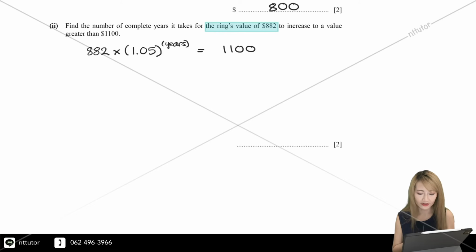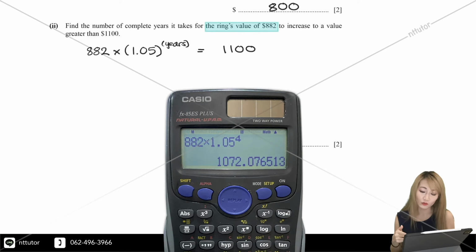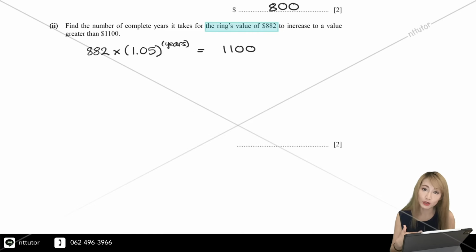So that's 882 multiplied by 1.05 to the power of 4. And when it's to the power of 4, it equals 1,072, which is less than 1,100. So the value exceeds 1,100 between 4 years and 5 years. This means it takes a complete 5 years for the value to be bigger than 1,100.